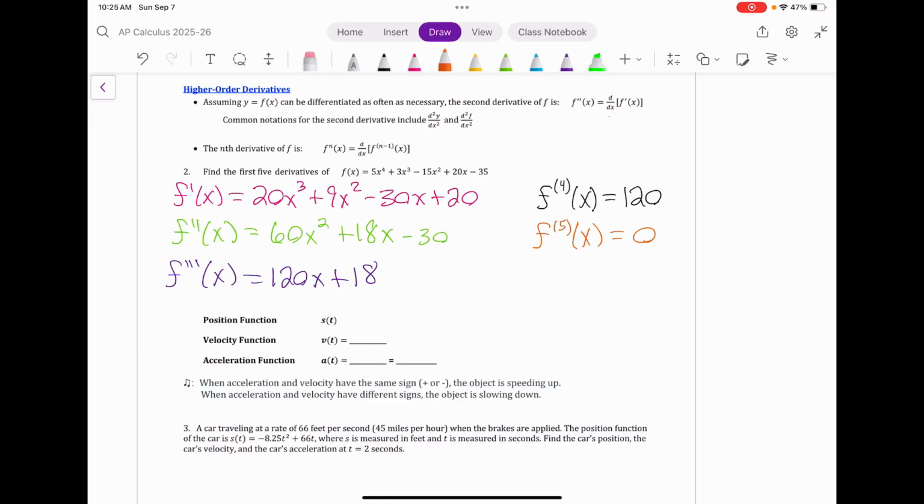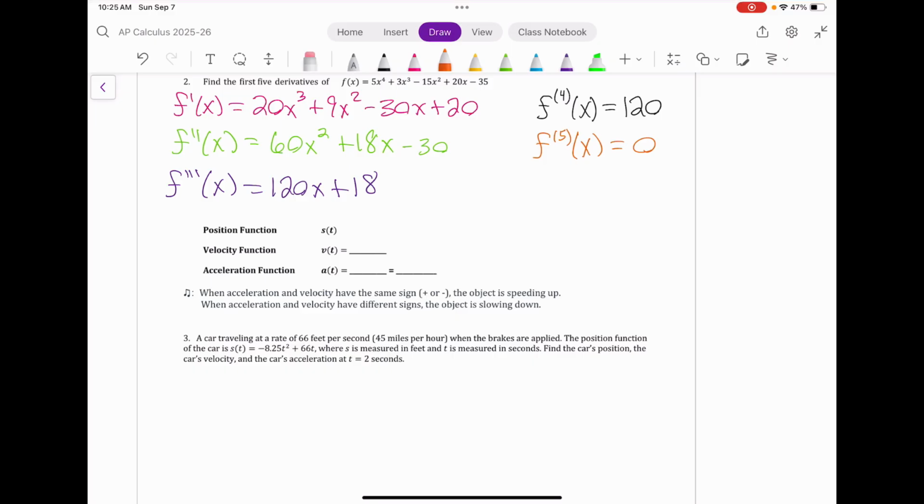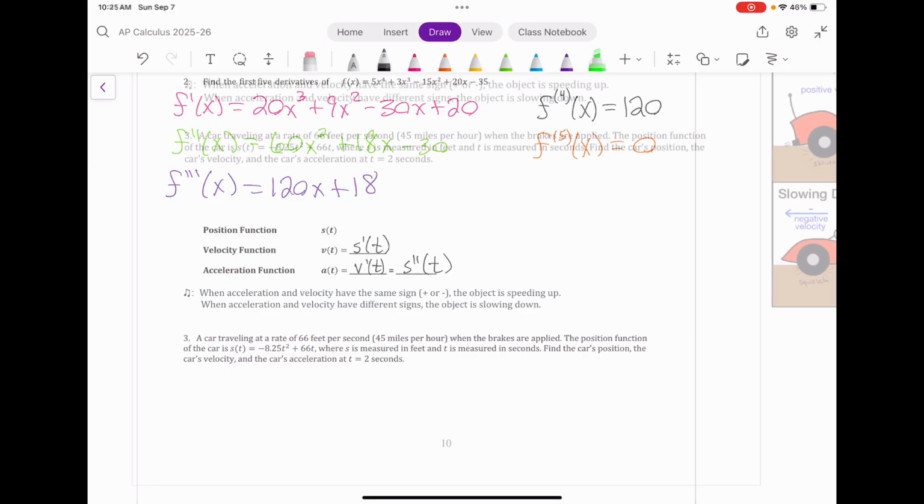And so some higher order derivatives in applications would be something where we've dealt with position, velocity, and acceleration. So we've talked about before that position is typically represented by the function s of t. And so we know the rate of change of position is velocity. So velocity is equal to the first derivative of position. And we've talked about how acceleration is the derivative of velocity, right? Or the second derivative of the position function.